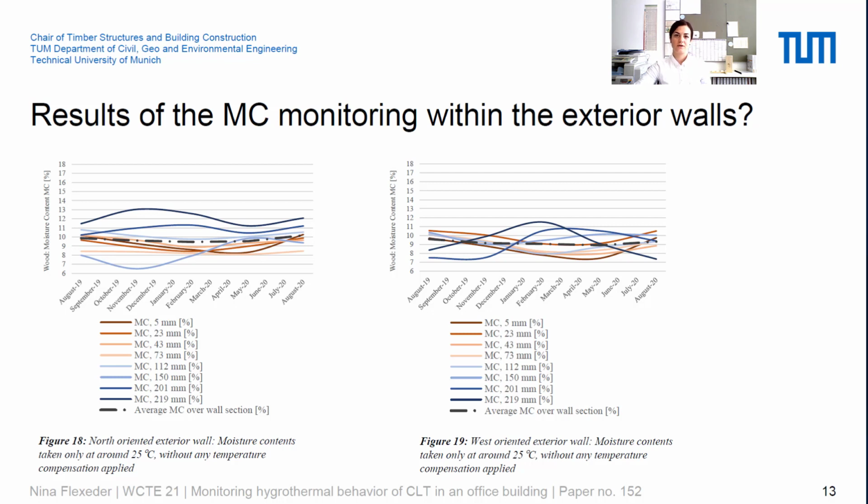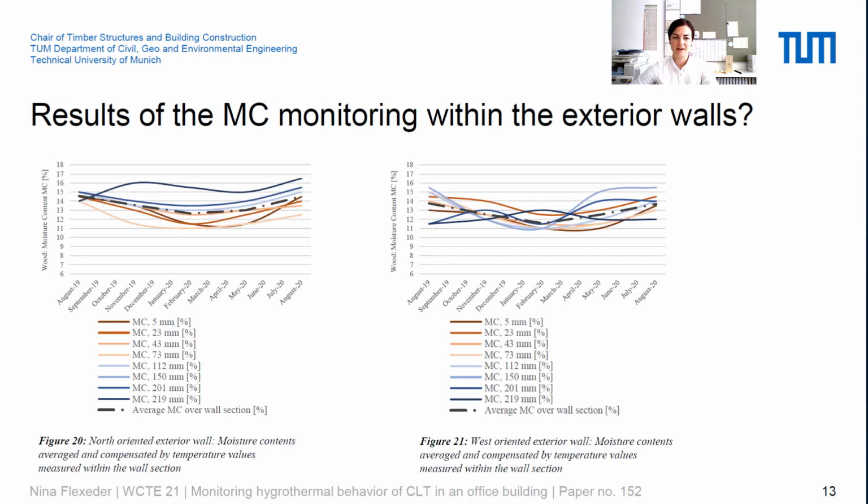If I try to get around that by only taking measurements at time steps where we had around 25 degrees Celsius, these are the results that we get, and we will have around 10% moisture content in both walls. After we submitted our paper, we did some in-depth calculations, adhering to temperature compensation, and these are the results from that.